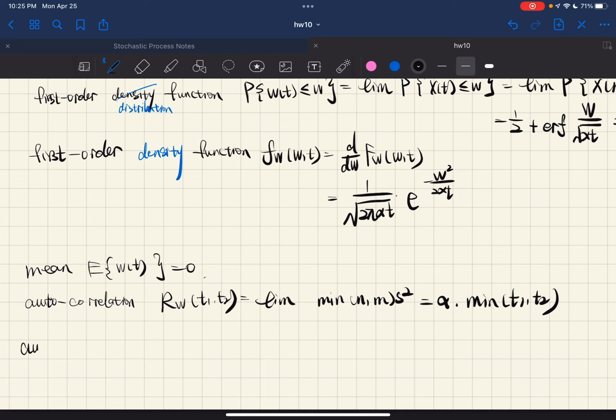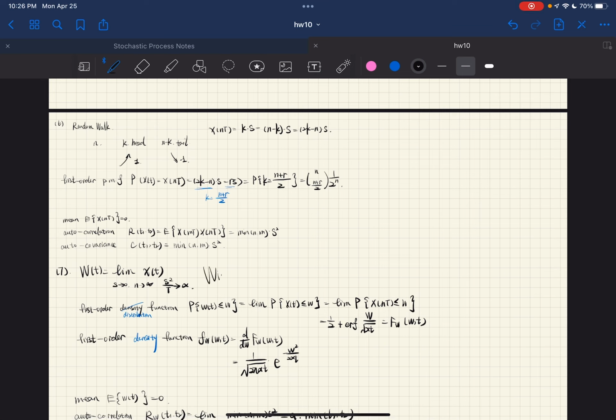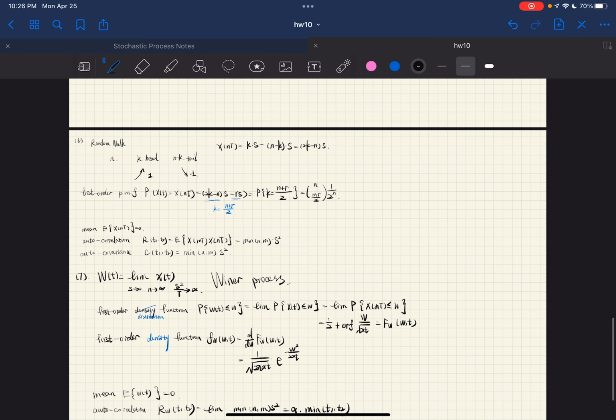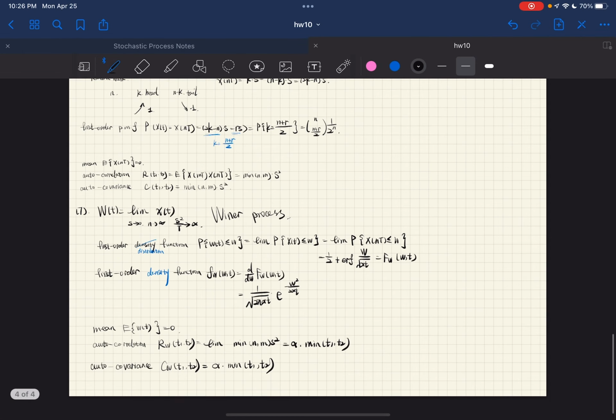And for the autocovariance, it is also equal to the autocorrelation because the mean value of the Wiener process is 0. So this is for the Wiener process. So this is for problem 1. We have covered all the 7 processes.